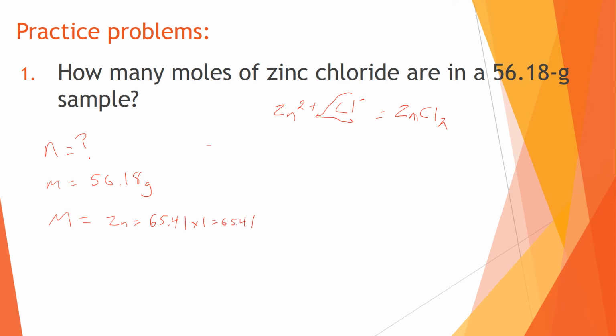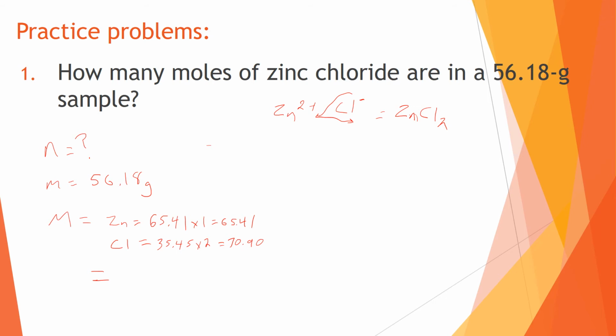My chlorine atoms in zinc chloride, I have 2 of them. Chlorine is 35.45, but I have 2 of them in my zinc chloride, so that would be equal to 70.90.